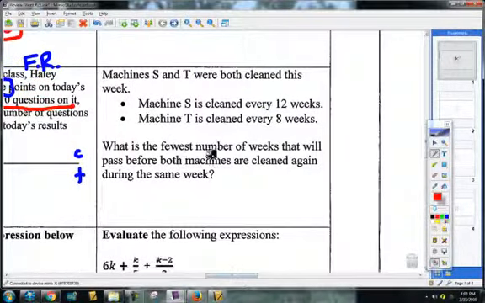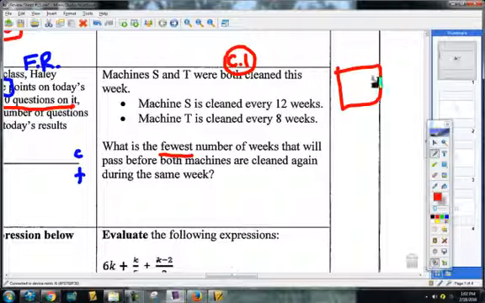Okay? Next one is talking about when these machines were being cleaned. Okay, one's being cleaned every 12 weeks, one being cleaned every 8 weeks. Okay? Couple different words. By the way, this is chapter 1, so if you need to review back to chapter 1, there's some keywords. In your chapter 1 notes, there's a whole box of words that will help you to be able to identify one of these two.